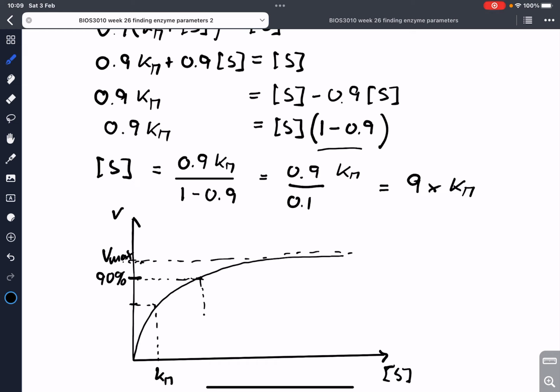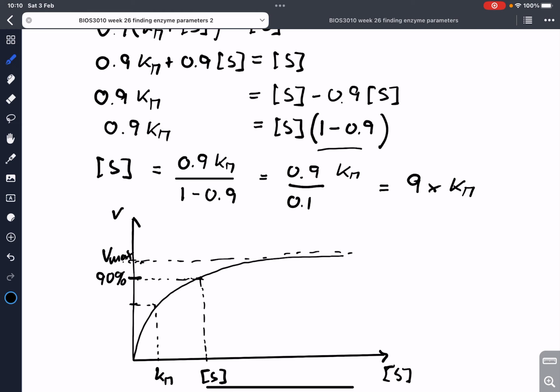So we take the corresponding value, and this would be our S. That should really be 9 times Km, but perhaps with my drawing, which is not terribly good, that should actually illustrate what this problem indicates.